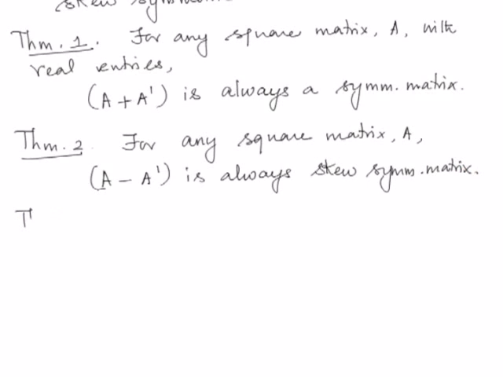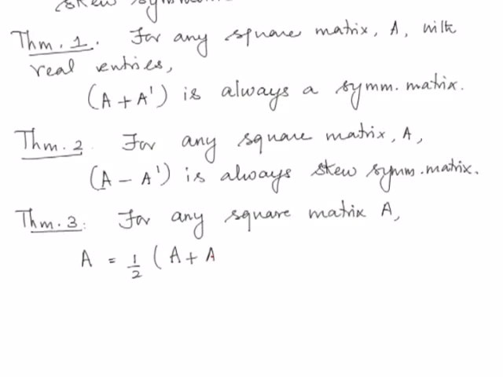Now, is there any relationship between them? Yes, it does exist. So, any square matrix A can be expressed as a sum of symmetric and skew symmetric matrices. So, for any square matrix A, we can write A as half of A plus A dash plus half of A minus A dash.